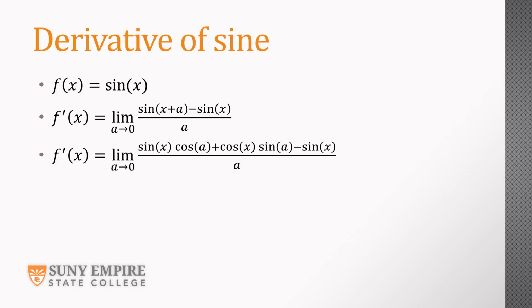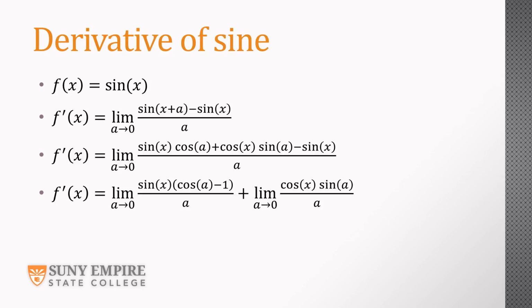Using the angle sum formula, we have the limit as a approaches 0 of the quantity the sine of x multiplied by the cosine of a plus the cosine of x multiplied by the sine of a minus the sine of x, divided by a. We can rearrange the terms so that terms involving the sine of x are written together.